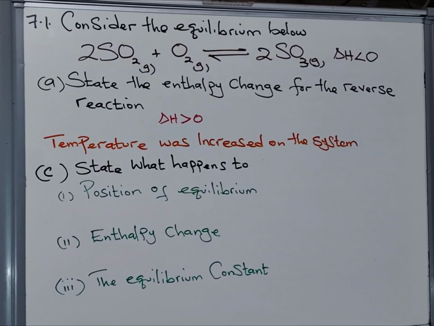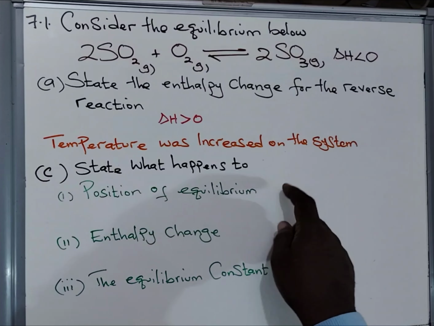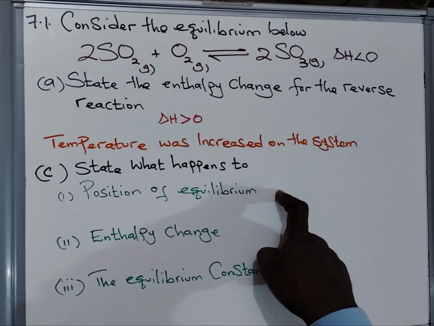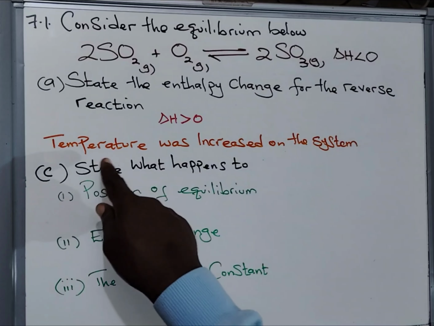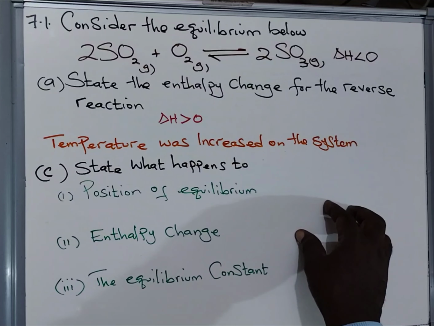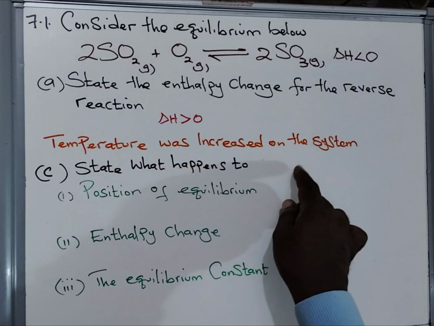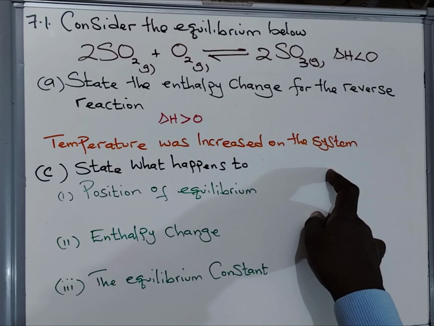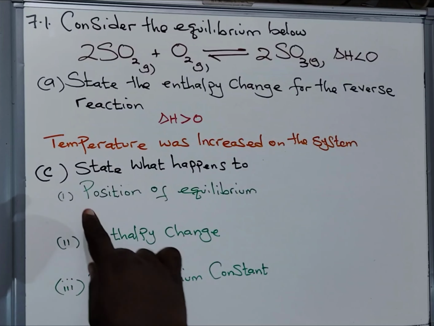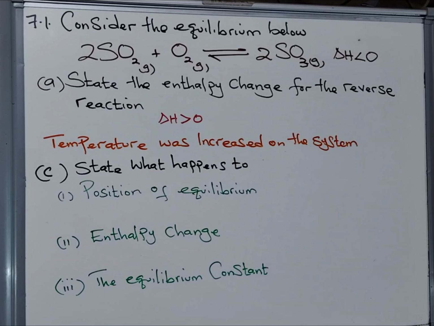Then comes this question. It says, state what happens to. We have to remember that we are dealing with increase in temperature. Temperature was increased on the system. And the question says, state what happens to the position of equilibrium. To assess this, what do we do?